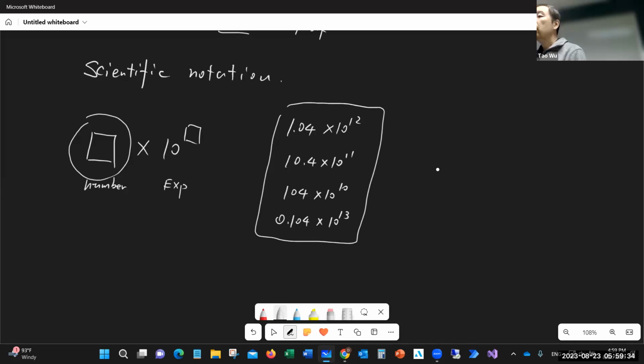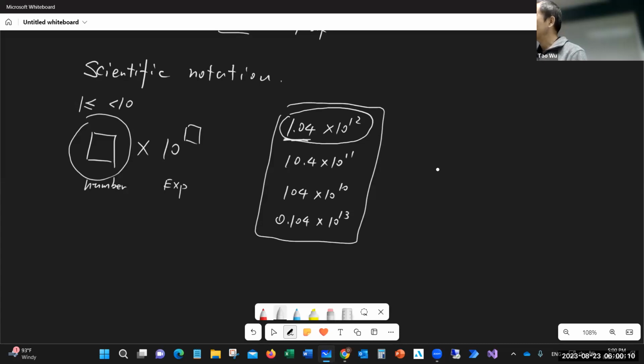But I'm just saying, not all of these count as scientific notation. Don't think that just because you have a number and an exponential part, that's scientific notation. Only one of these is called scientific notation. The number part has to be from 1 to 10: it could be larger than or equal to 1, but has to be smaller than 10.